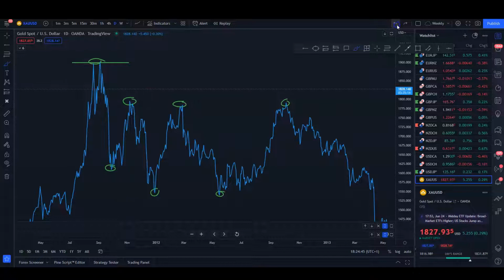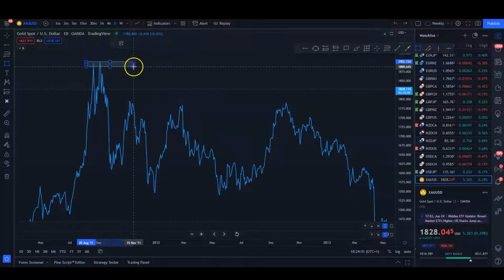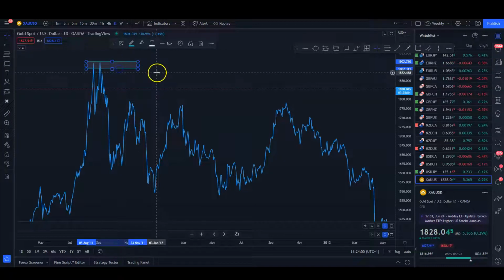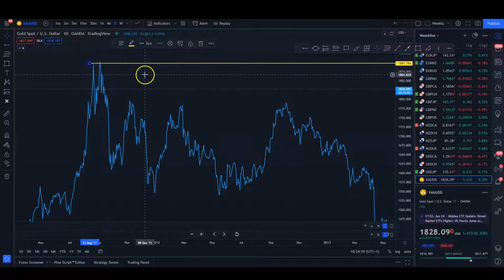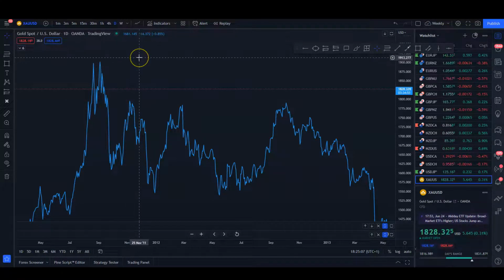So this is what we're going to do. I'm going to speed up the video whilst I draw some boxes, some actual areas, because you couldn't just put a line like this, since price isn't going to come back to that exact price point. I'm on the daily chart at the moment, and I failed to say, sorry, it does work on every single time frame.